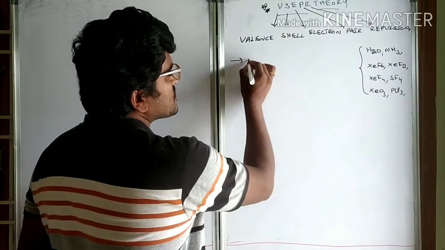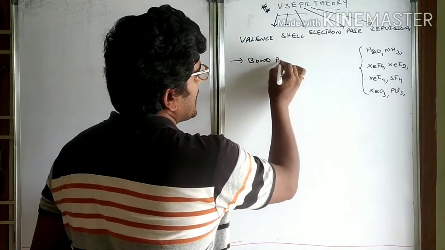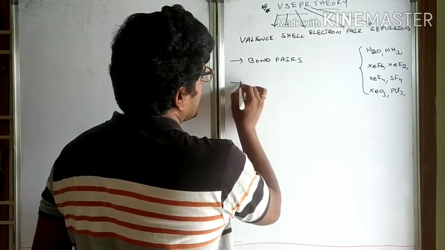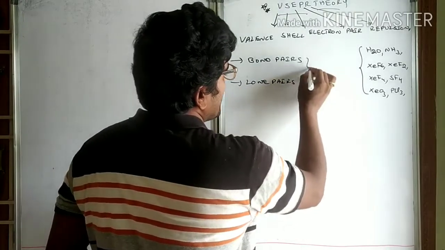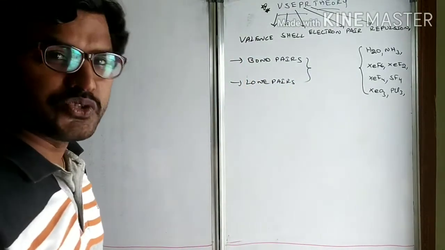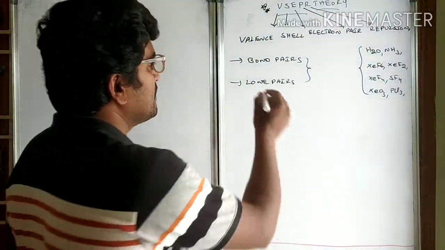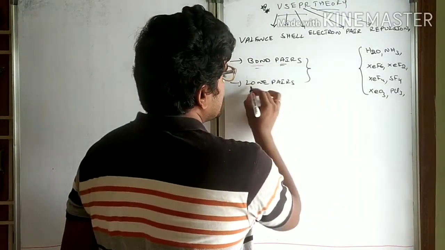According to the VSEPR Theory, every atom will have 2 types of electron pairs. What are the 2 types? Bond pairs and lone pairs. So every molecule will have bond pairs and lone pairs.